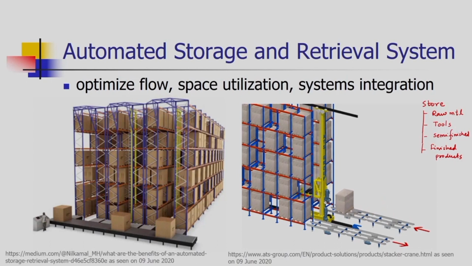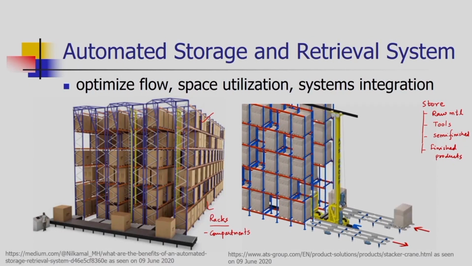Here you can see these are all the racks. The racks have many compartments. The compartments are coded, numbers are given to the compartments. Then there is a stacker crane. For this row, here you can see this is stacker crane number 1, this is stacker crane number 2.